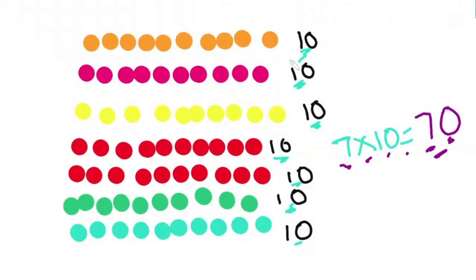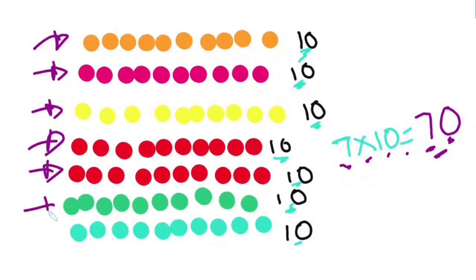Let's count these just to make sure. Let's count in our 10s. Are you ready? 10, 20, 30, 40, 50, 60, and the last one, 70. Fantastic. Can we try and count backwards from 70?